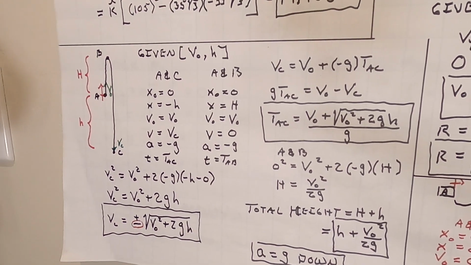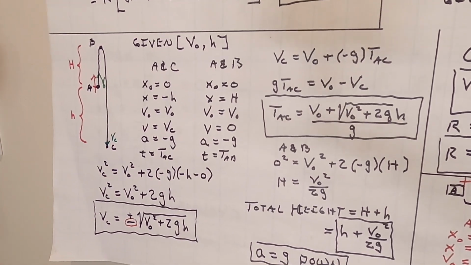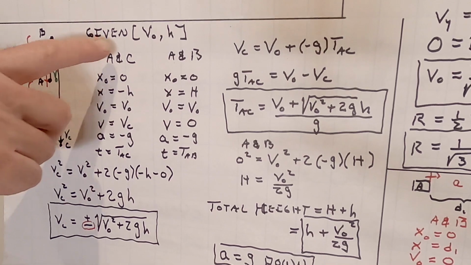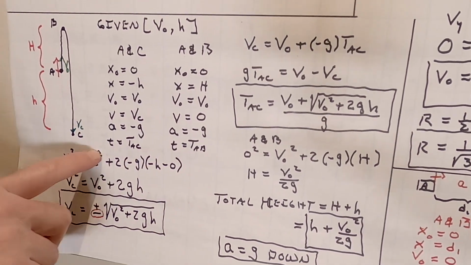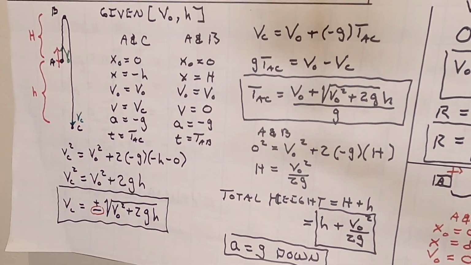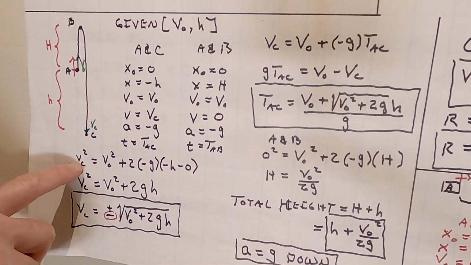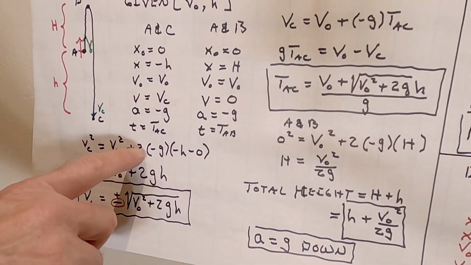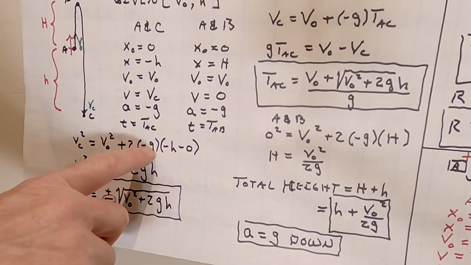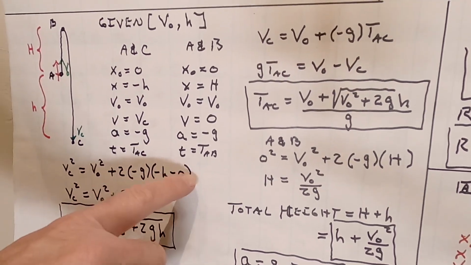So first of all, I think what we wanted to get was the final speed on this test. Since I'm giving you the initial speed and the height, we'll use this equation because it uses all that information. So we can say vc squared, which is what we wanted, is v naught squared, which is given, plus 2a, which is given, minus g, times minus h minus 0.